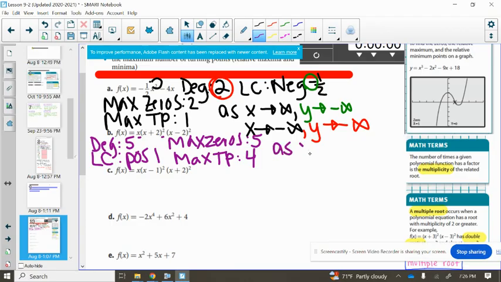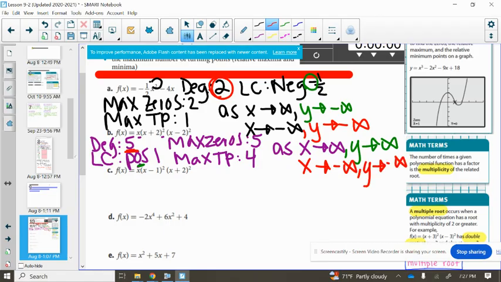This time, as our x goes to infinity, because we had this positive leading coefficient here, our y values will go to positive infinity. And because this is an odd degree, though, as our x values go to negative infinity, this is going to be an opposite symbol. It'll be negative.